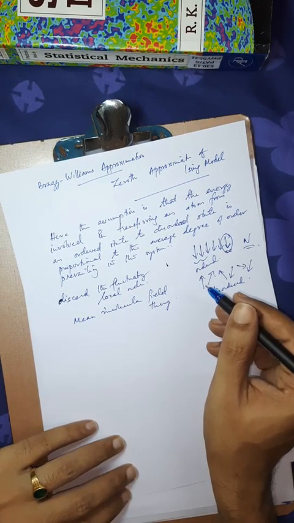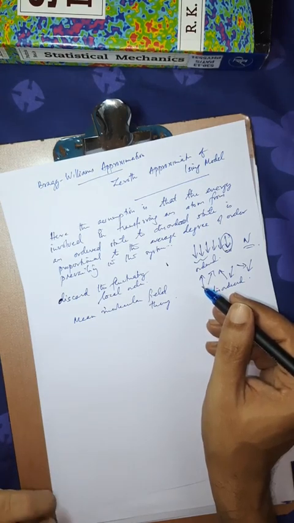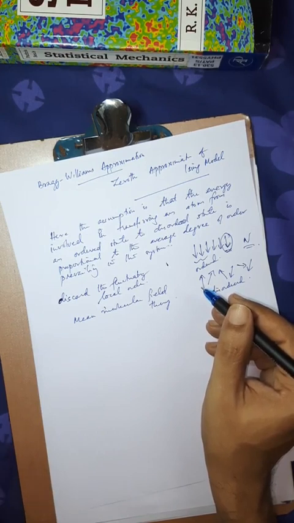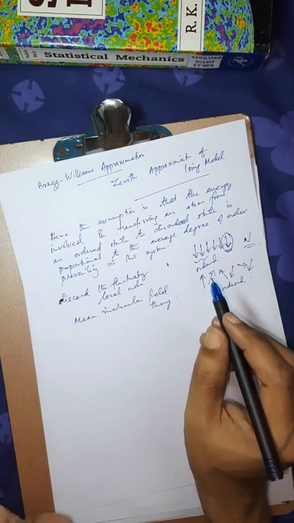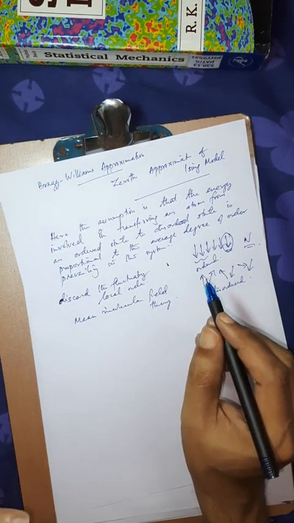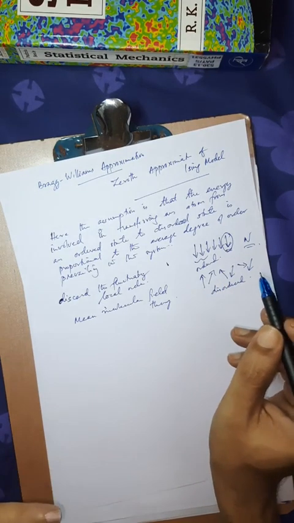Another point we should consider is why this is called the zeroth approximation. It is called the zeroth approximation because it is totally insensitive to the detailed structure, or say the dimensionality, of the lattice, right?